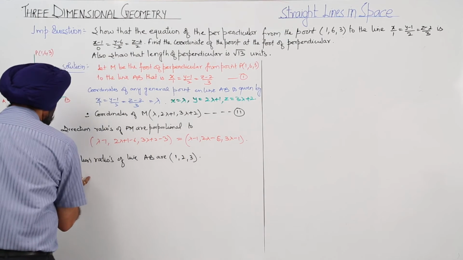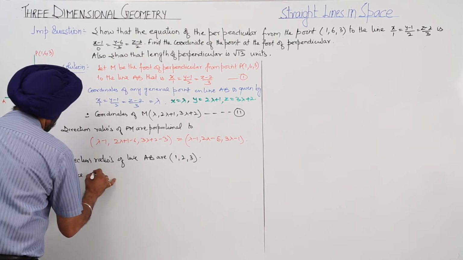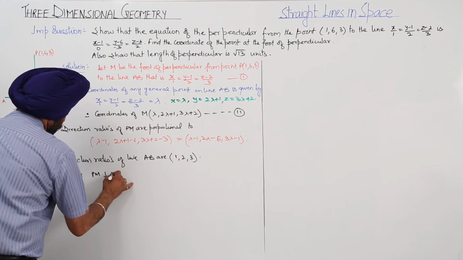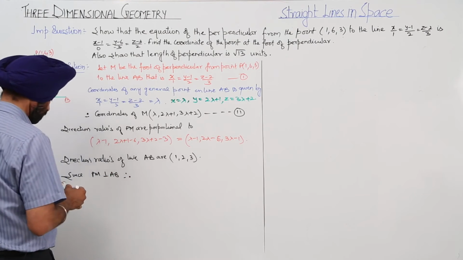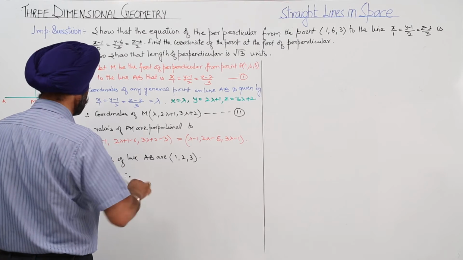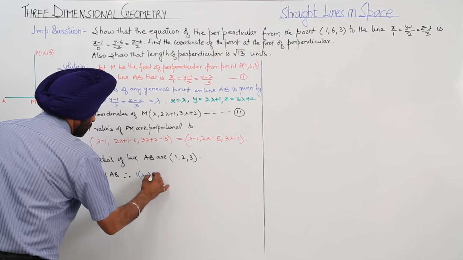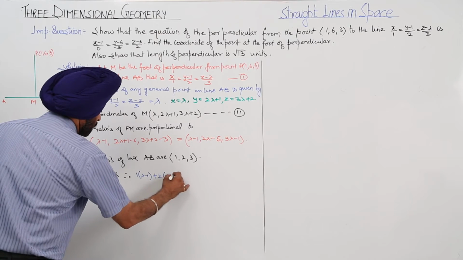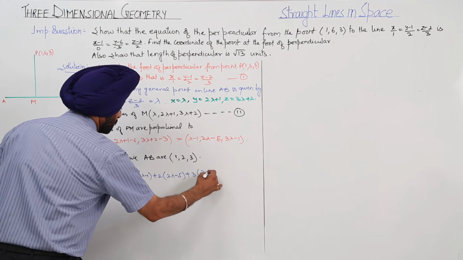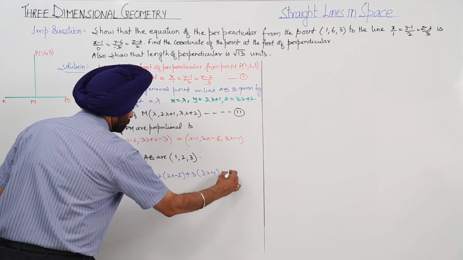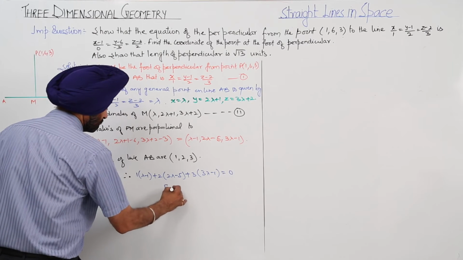Now, since PM is perpendicular to AB, therefore 1 times lambda minus 1 plus 2 times 2 lambda minus 5 plus 3 times 3 lambda minus 1 is equal to 0.